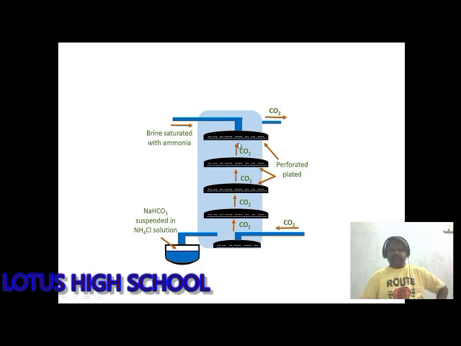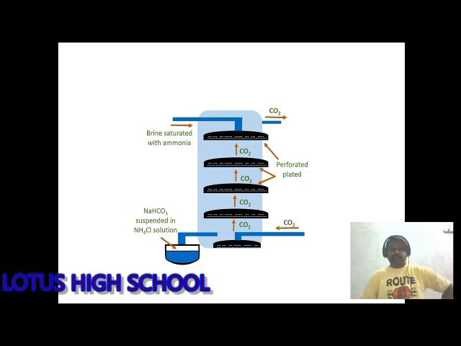After completion of the chemical reaction, two products are formed. One is NaHCO3 and the other is NH4Cl. This NaHCO3 is known as sodium bicarbonate, or sodium hydrogen carbonate, or baking soda.